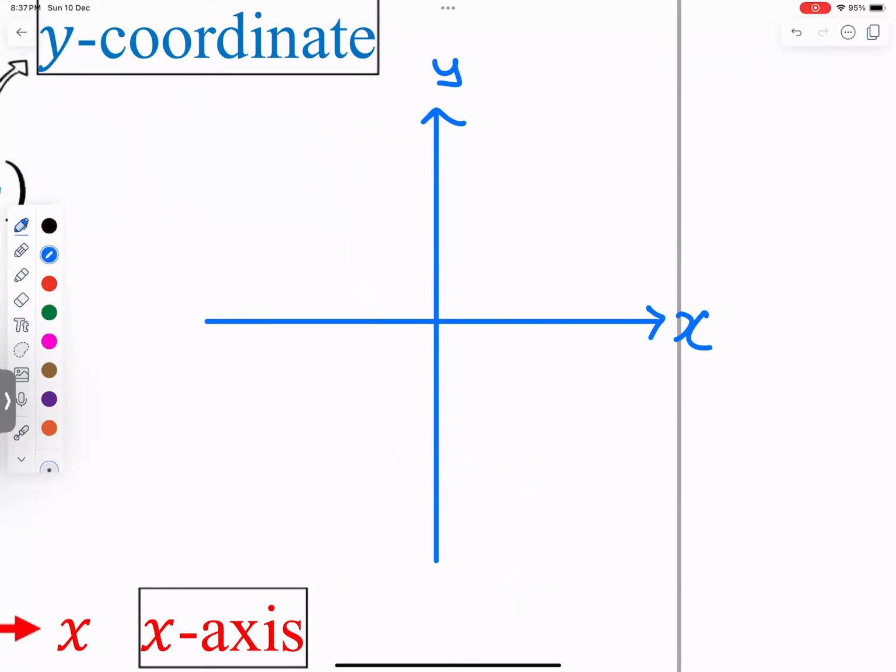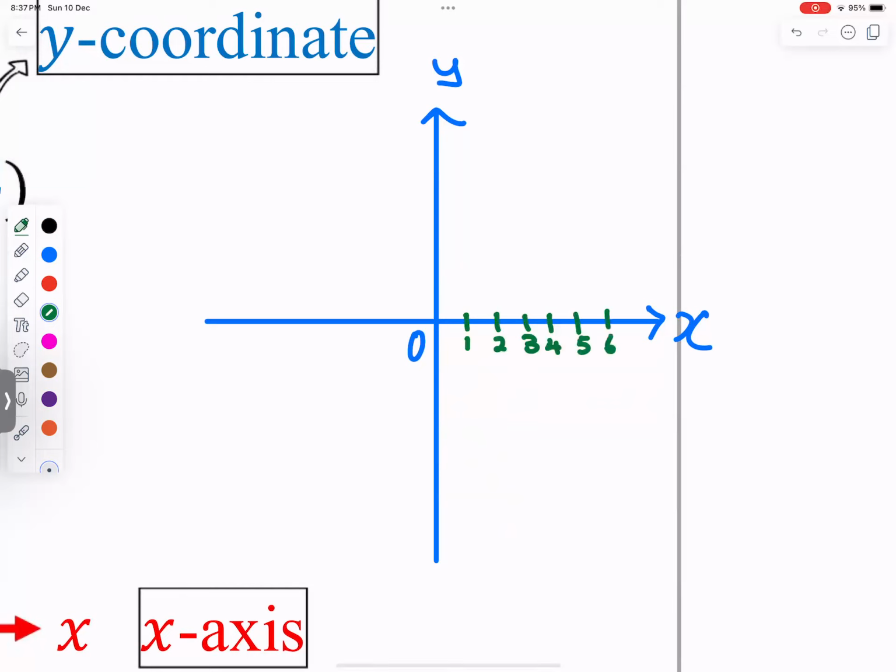You need to know the name of this center point. We call it origin, using O to represent it. This is a 0, 0 point. And then on your right side, this is X, and it's getting bigger and bigger. That means on that side, everything is positive.